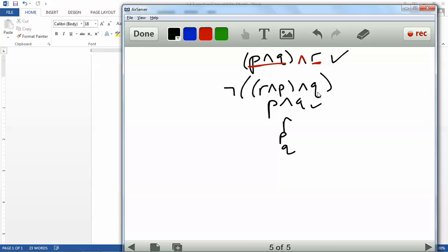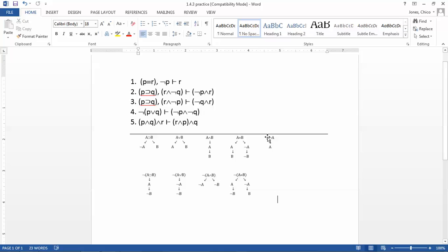So I'm going to fork that out and say not R and P, and not Q, check. And then there's nowhere else to go with this, but I see already a contradiction, not Q. So I'm good over here. I know that's a closed branch. And then I see the not R and P. Again, same rule I just pulled, which is this one right here.